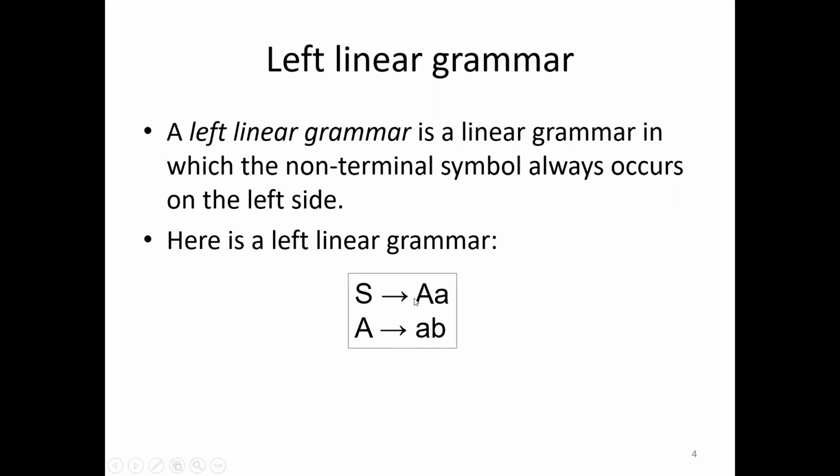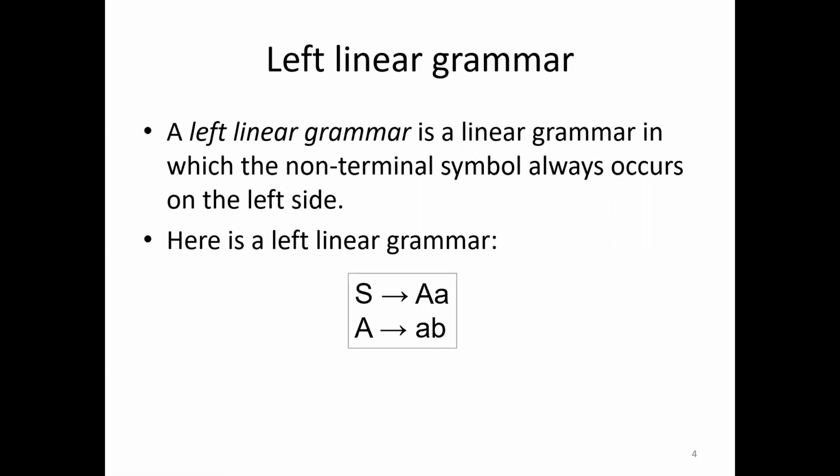First, S produces Aa, and here A derives Ab. So when A derives capital A a, this capital A is your non-terminal, and it is the first symbol on the right-hand side of the production. If this is the case, you call this a left linear grammar.